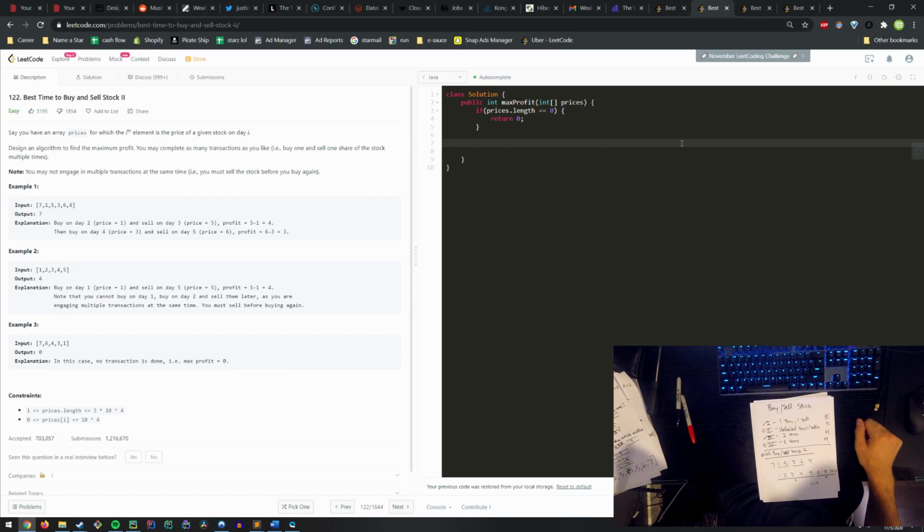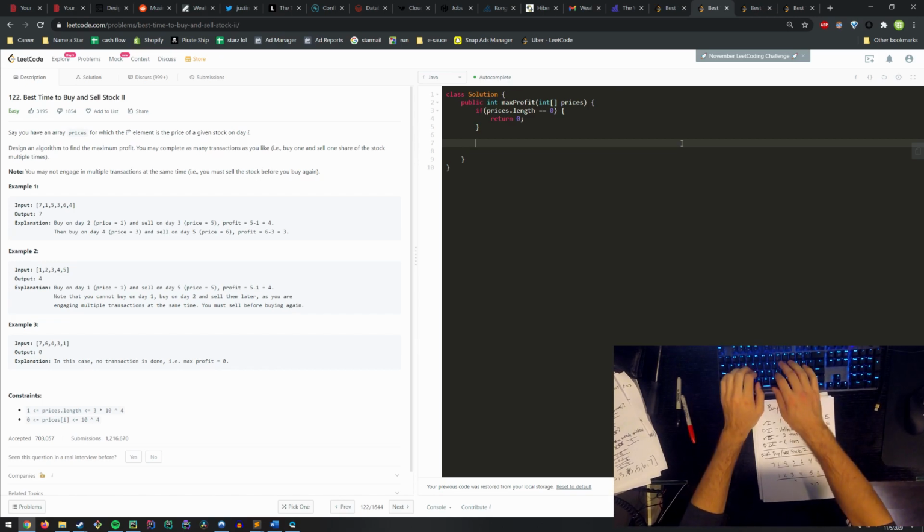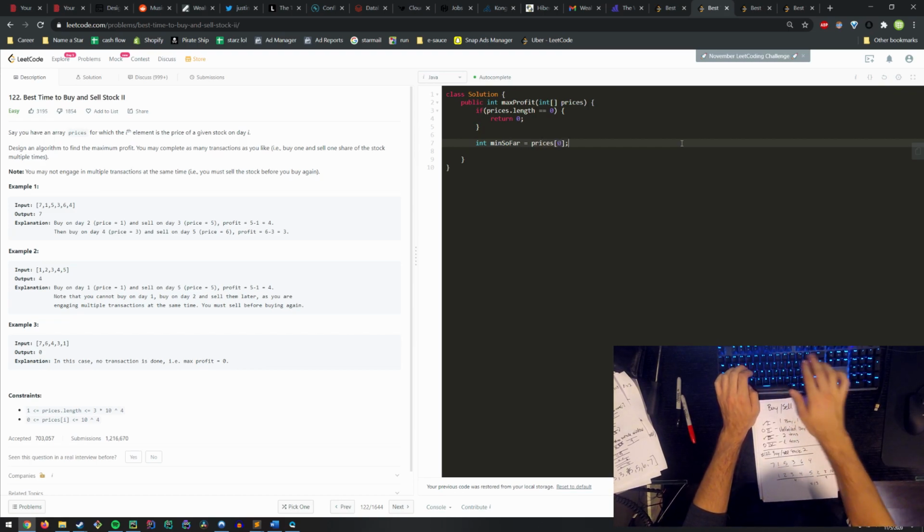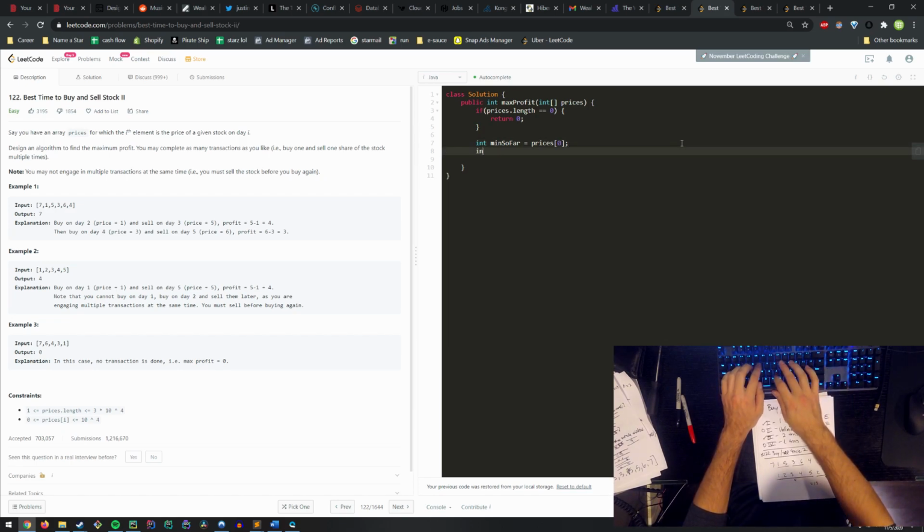And we will need to keep track of a min so far of like the current streak that we're dealing with, as well as total profit. So I'll say min so far equals prices at 0, and then also our profit.